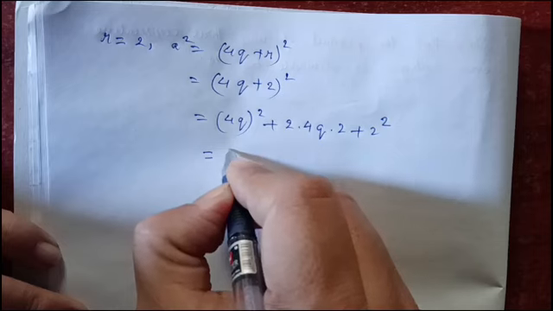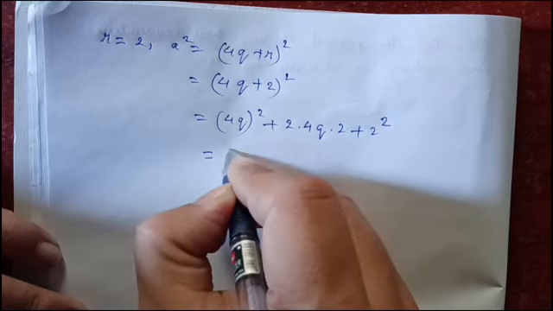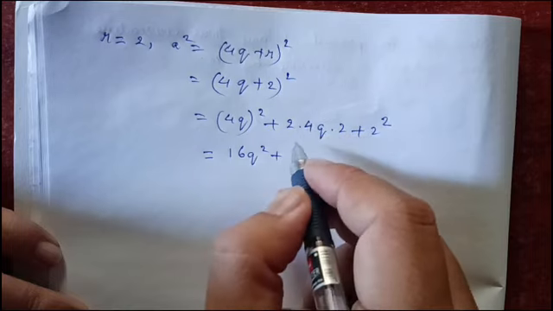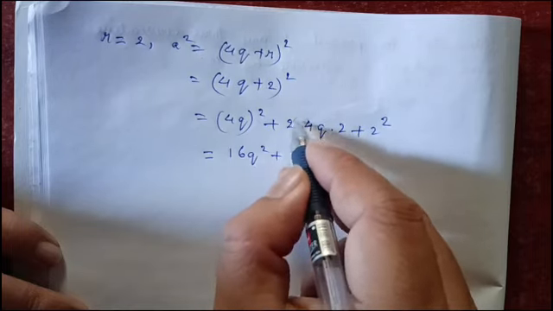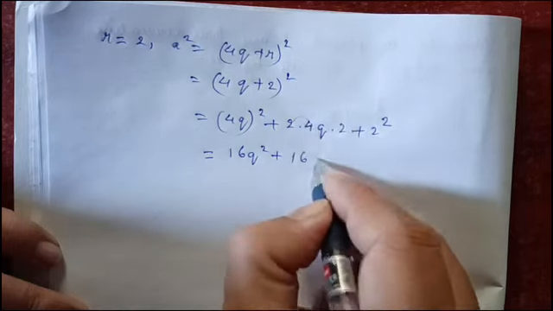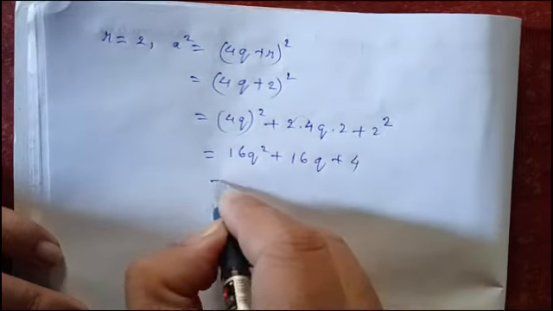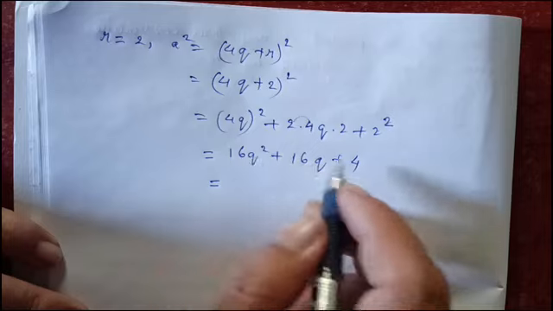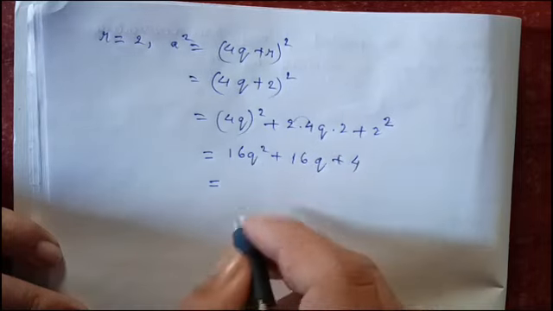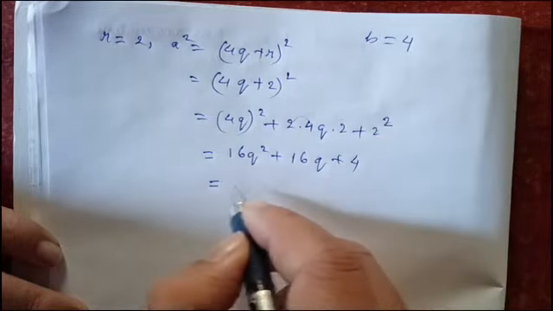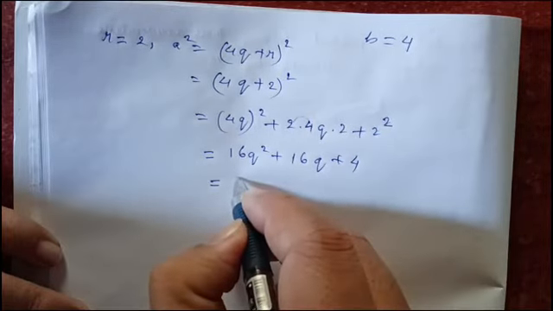So you will be getting 4 square is 16, 4 times 2 are 8, 8 times 2 are 16, 2 square is 4. Again our b value is 4, so take out the 4 common.